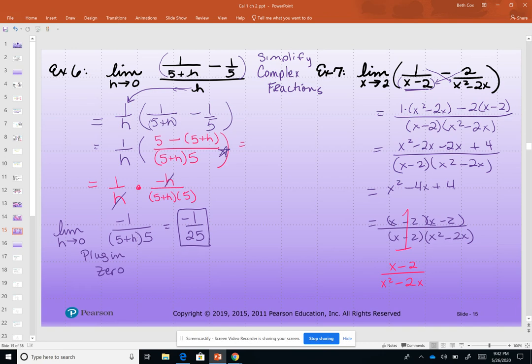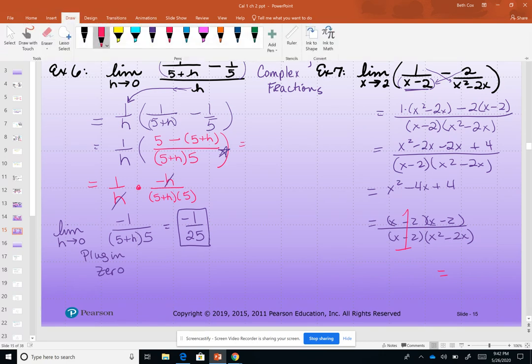And I can do the limit of that. I can plug in 2, I hope. Let's see. That'll give me 0 on top and 0 on the bottom. Oh, I can keep factoring. Hold on, I didn't finish. Let's go back. Don't y'all love to watch me make a mistake? This factors.